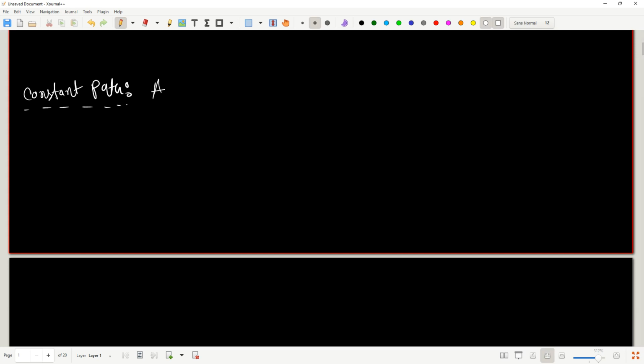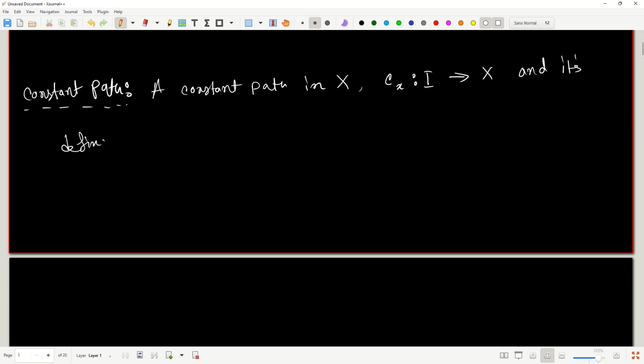A constant path in X is a map, let's denote it with Cx, that takes the data from the interval and maps it to X, and it's defined by Cx of s is equal to x for all s belonging to I.